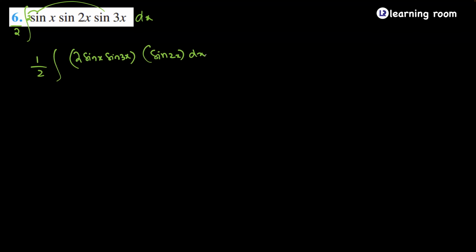Now, what is 2 sine into sine? Sine into sine is basically cos minus cos. So it will be half into minus of, I'll put the minus outside, cos of the sum of the angles, 4x, minus cos of the difference of the angles, which is 2x, multiplied with sin 2x dx.